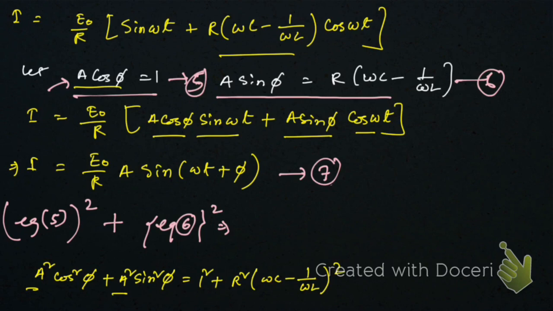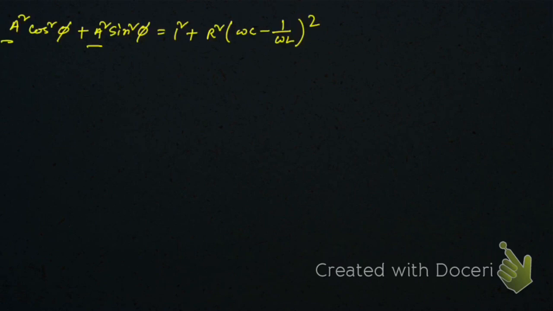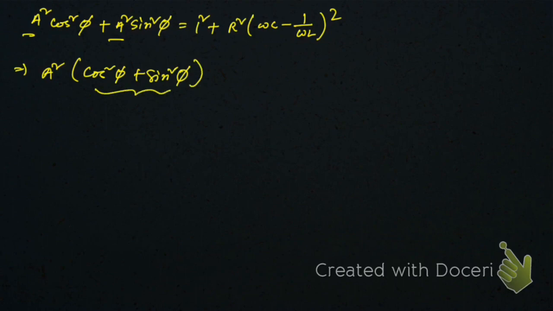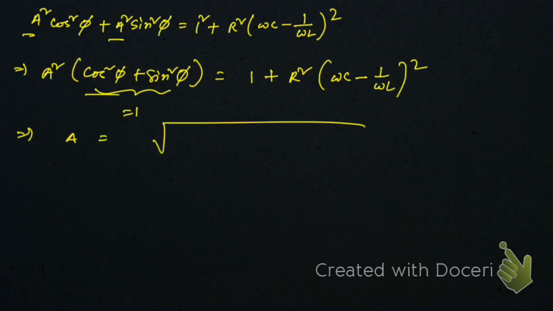So let me go to the next slide. Let me copy this step again. So here you see, taking a square common, we're gonna get cos square phi plus sin square phi, so that's gonna be equal to 1, right? So here 1 square is simply 1, plus R square omega c minus 1 by omega L whole square, and so a is gonna be equal to root over 1 plus R square omega c minus 1 by omega L whole square.